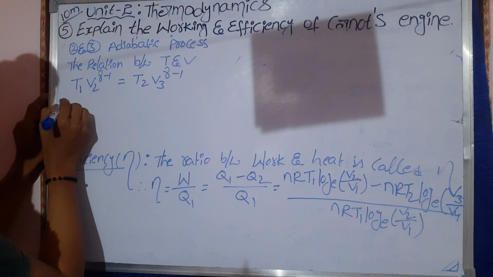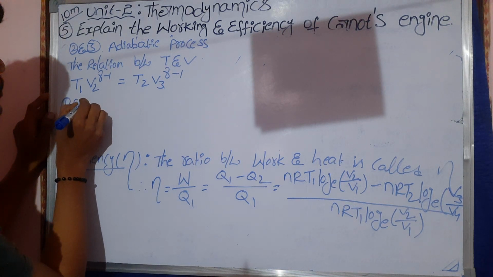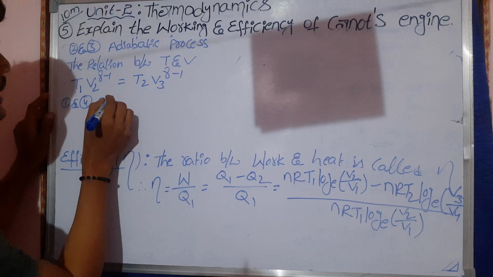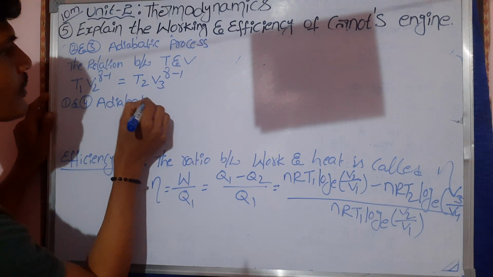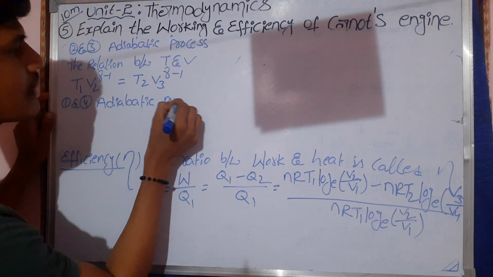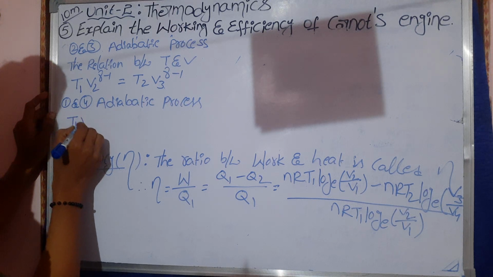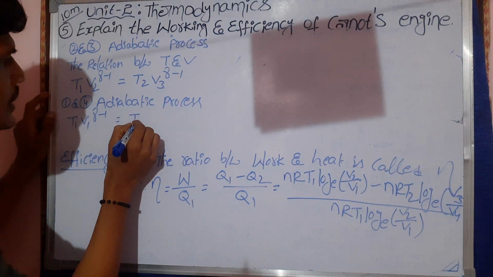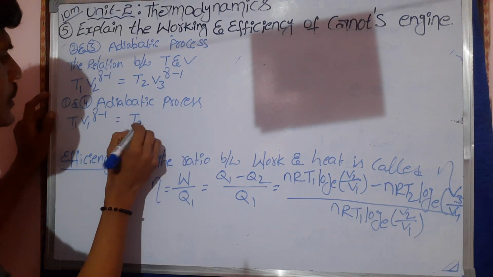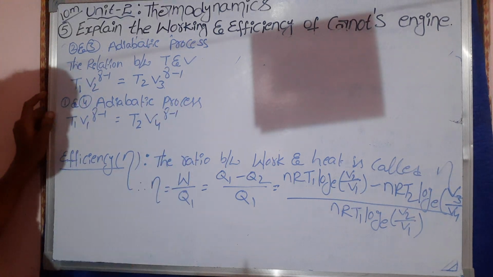So next, 1 and 4, adiabatic process. So that means T1 V1 power gamma minus 1 equals T2 V4 power gamma minus 1.